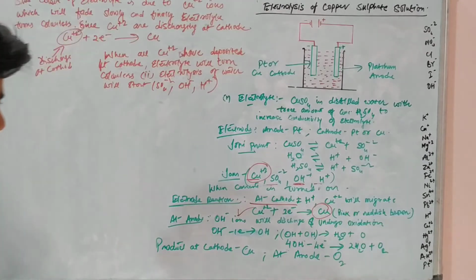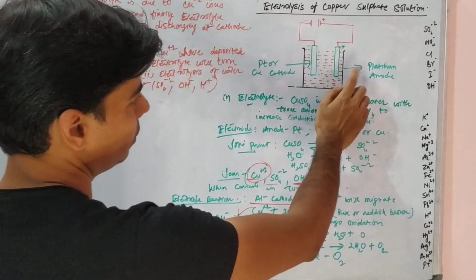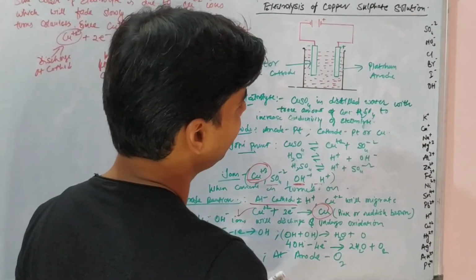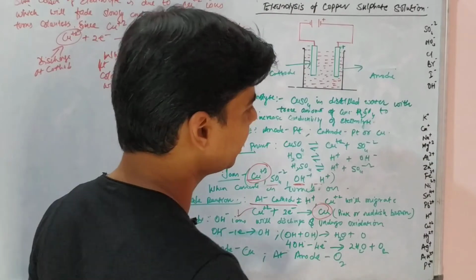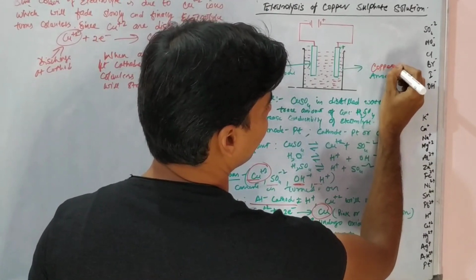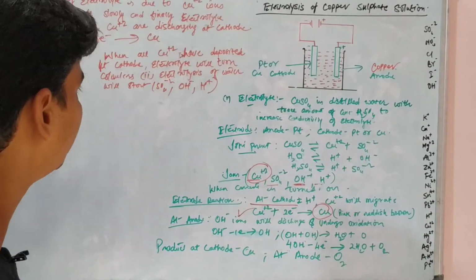Now let's take a different scenario, when instead of a platinum anode, we take a copper anode. Now let's see how the reactions would differ.